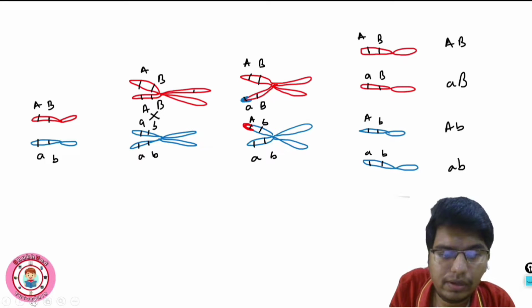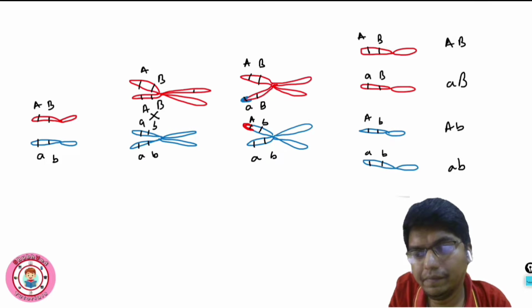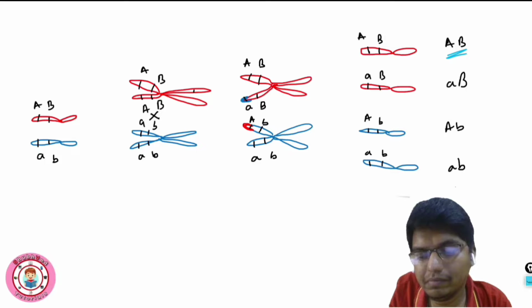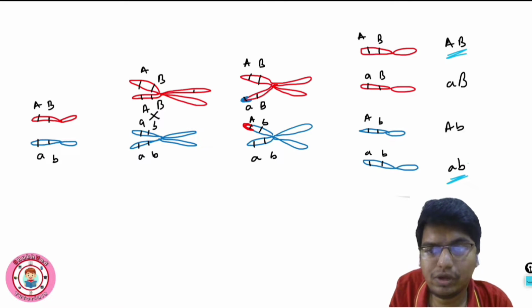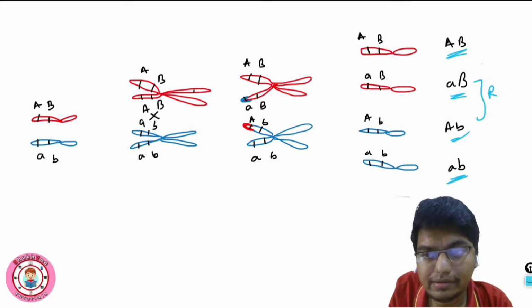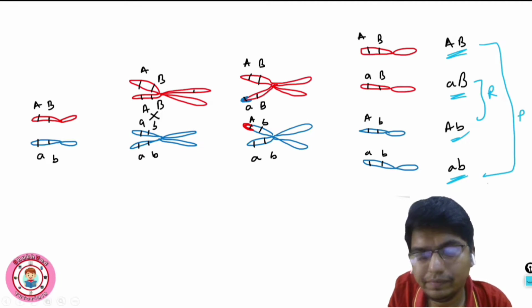So here we can see parental. These two are parental, and the two small ones are recombinants, and this is parental.